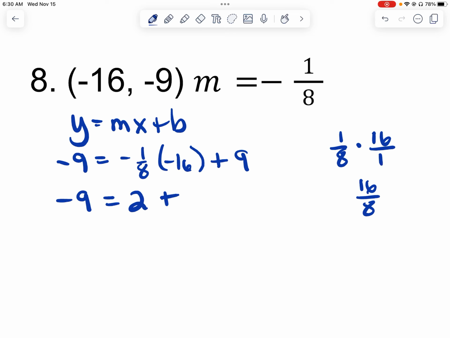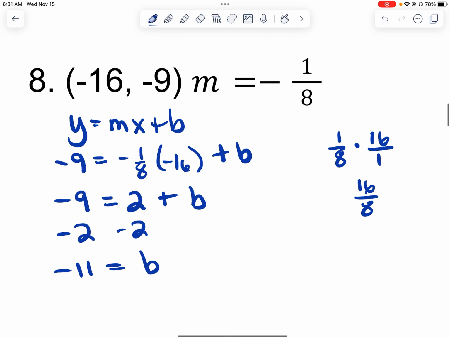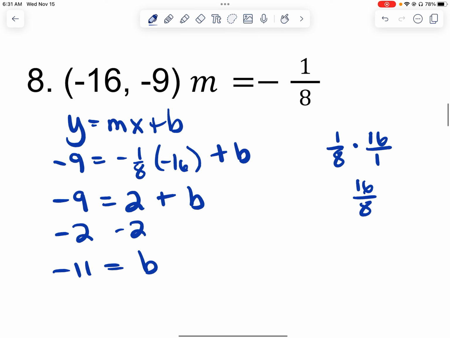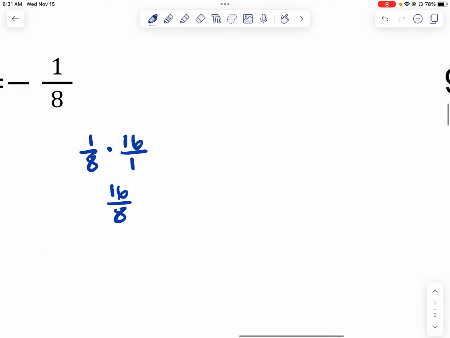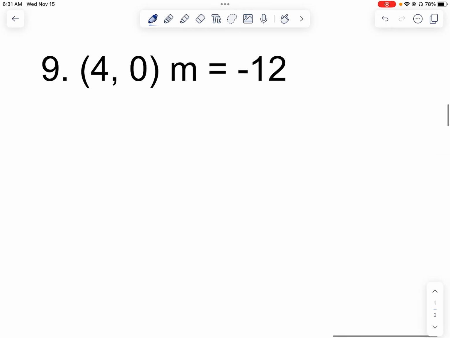Why did I put, you guys aren't here to help me. That should be plus b. I have no idea why I put a plus 9. I subtract 2 from both sides, and negative 11 equals b. Normally I do that if when I'm multiplying something it's going to get that number, but that wasn't even the case.